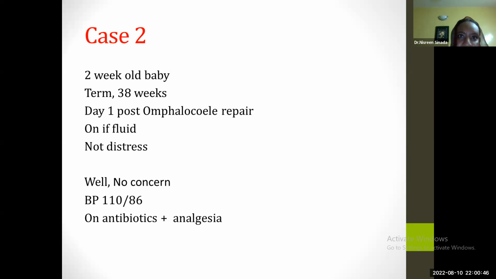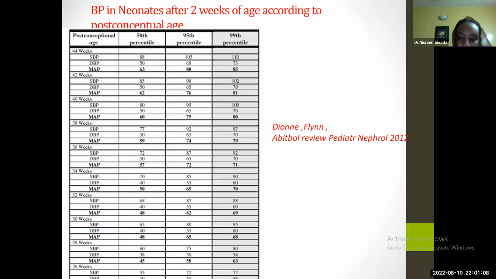So any volunteer, or anyone want to write in the chat box? Okay, this is the centile chart for a 38-weeker.